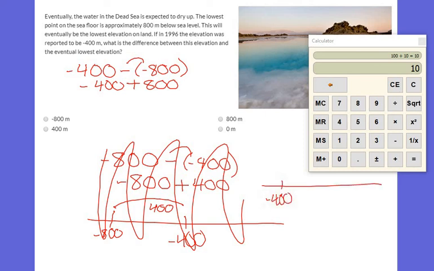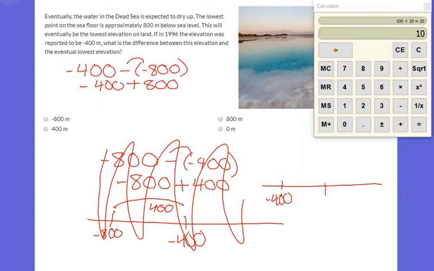I'm going in the positive direction 800. So I need to know where I'm landing. I'm landing on the positive end, and I should be landing on 400, which then gives me my positive 400.